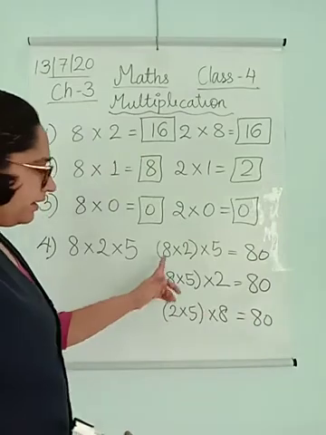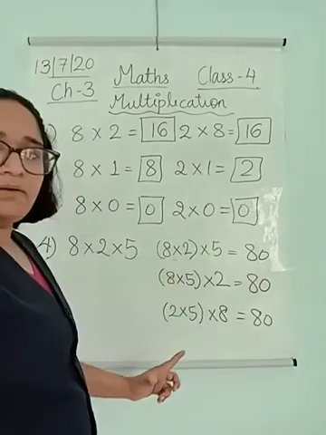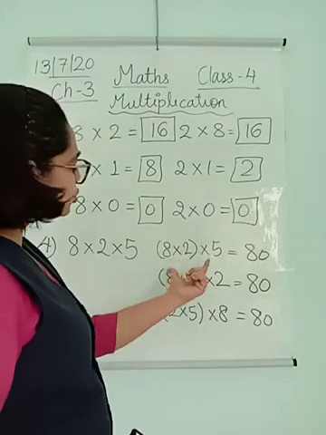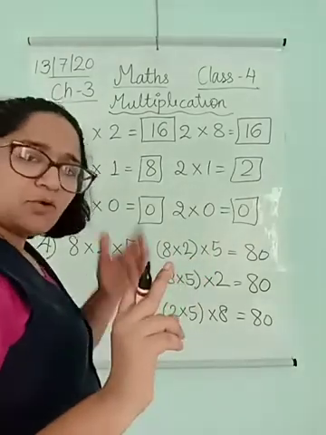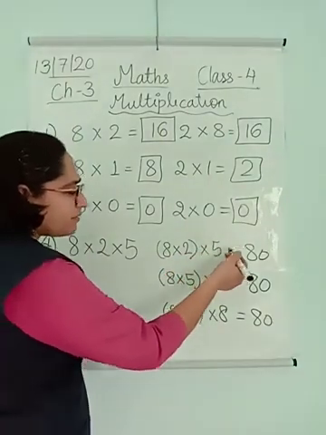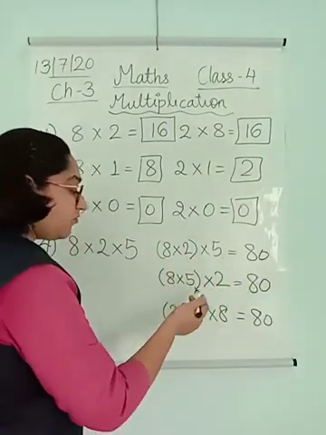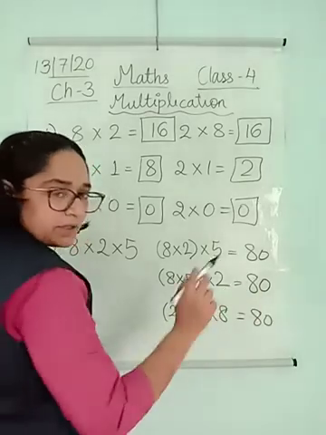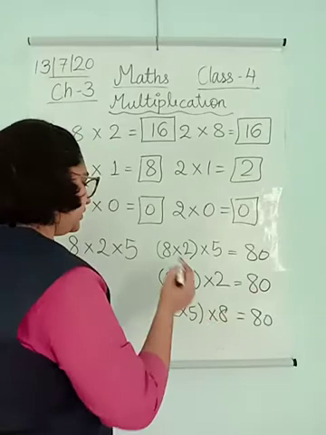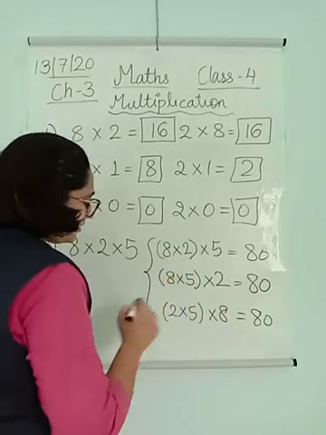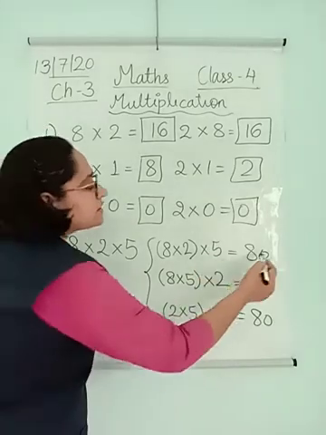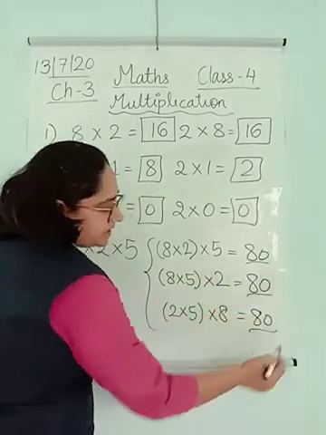So you see, I can take any number to multiply first, only once I have to choose. 8 twos and then multiplied by 5 is 80. 8 fives and then multiplied by 2 is also 80. 2 fives and then multiplied by 8 is also 80. Under any condition the answer always remains the same.